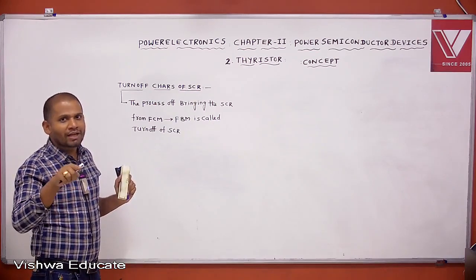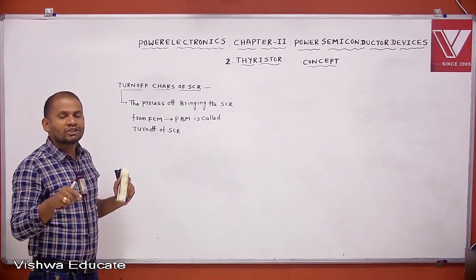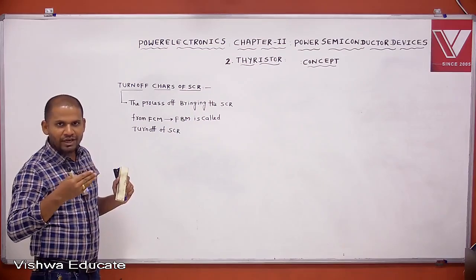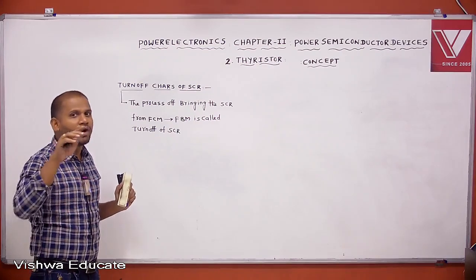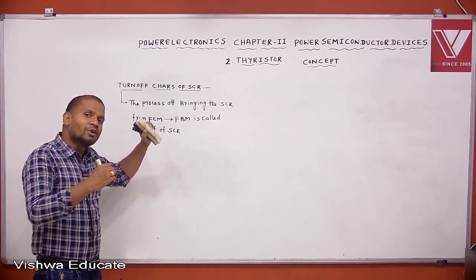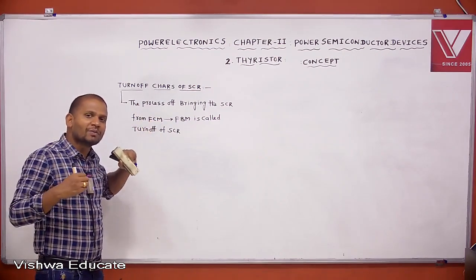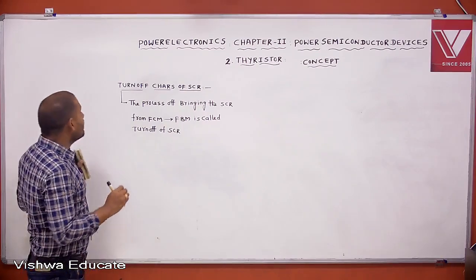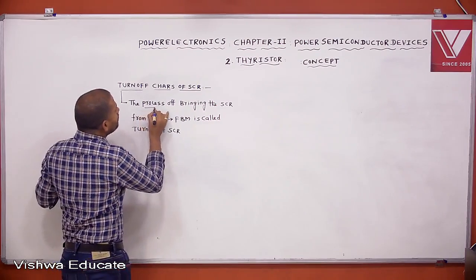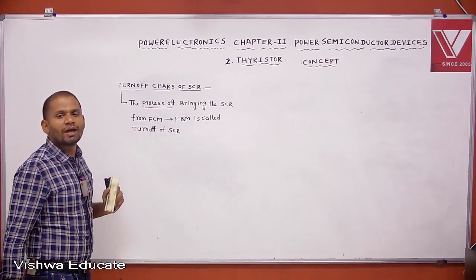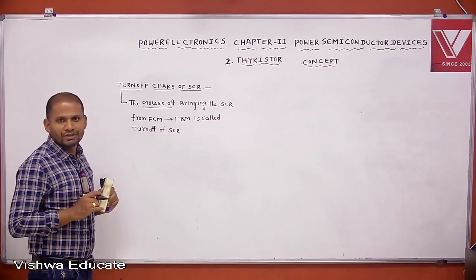Forward blocking mode is a stable state, forward conduction mode is also a stable state. On and off only. Turn off is not reverse bias, turn off is bringing into forward blocking mode. The process of bringing the SCR from the forward conduction mode to forward blocking mode is called turn off of SCR.